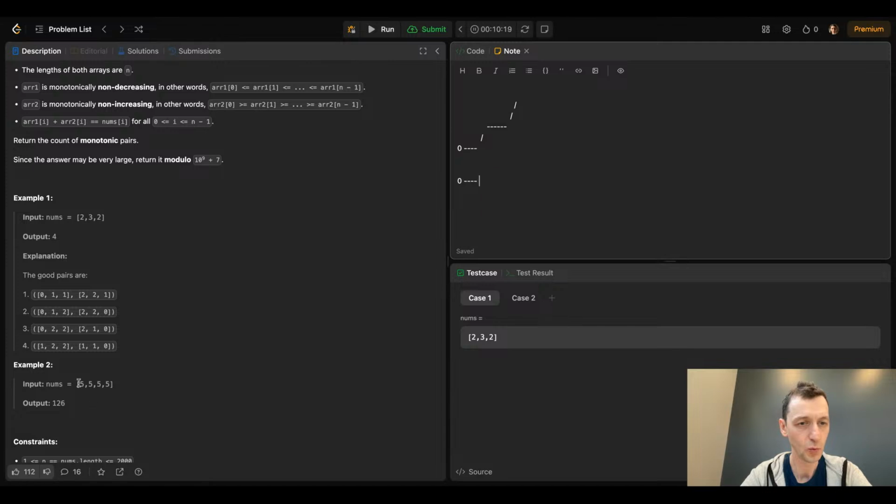Input number. Ooh, and then we'll already have 126. Okay, 126 variations. Why is that? So we have this first variation. Then the next pair is 0, 1, 2.